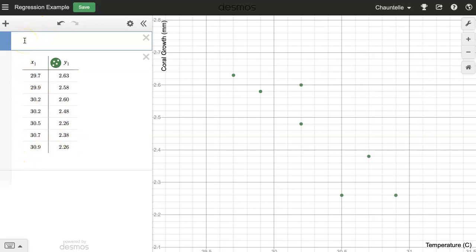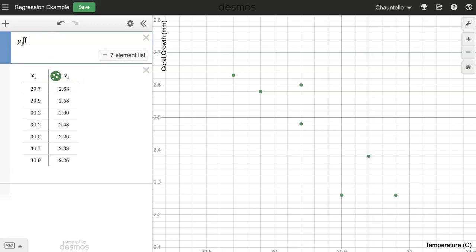All right, if you recall from Sal's videos, a regression line is the equation of a line, y equals mx plus b. We are going to do that right now. I'm going to do y equals mx plus b, but we want to tell it to do a regression line, so we have to use a special symbol. We also want to tell it to use this x1 and this y1. So we're going to type y1, and if you just type y and then the number 1, it'll do it for you.